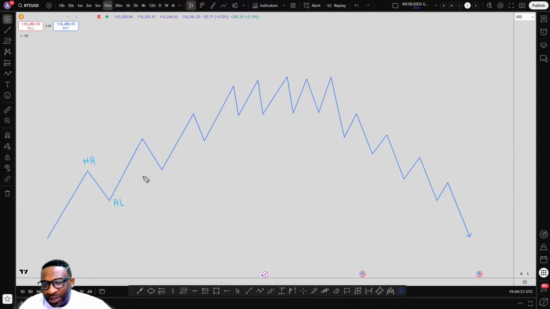So as we can see, this is clearly an uptrend up until this point where we began to move sideways, creating equal lows and then equal highs. So this is sideways movement where you can see we have an equal high, equal lows.